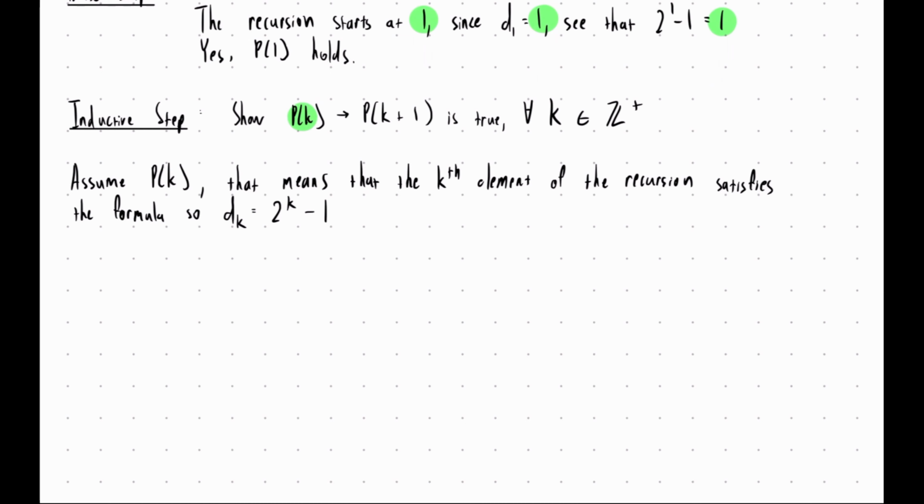But you know what comes next? Plug in for dk, the 2 to the k minus 1, and then do the algebra, because you need to end up with the 2 to the k plus 1 minus 1. So we know what we have to end up with.